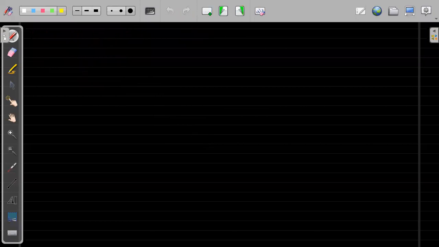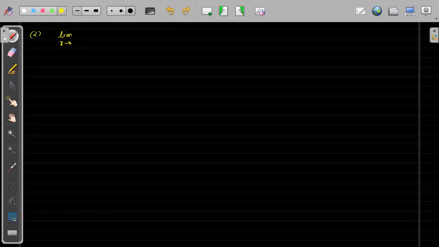So now let's see one of the other forms of the same thing. Suppose limit of x tends to infinity, 1 plus 1 by x to the power x, right?